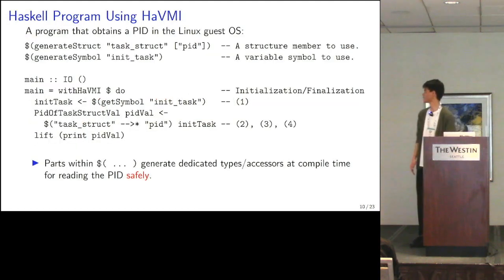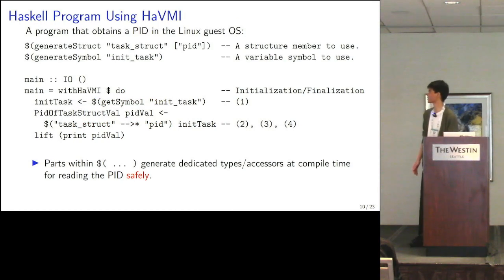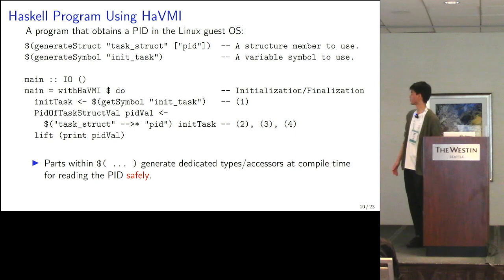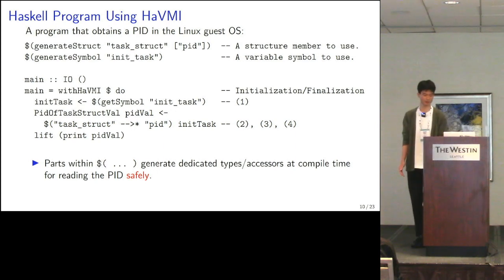This slide shows the Haskell program that obtains a process ID in the Linux guest OS in terms of HaVMI. The parts within parentheses use metaprogramming, and they generate dedicated types and accessors at compile time for reading the process ID safely.